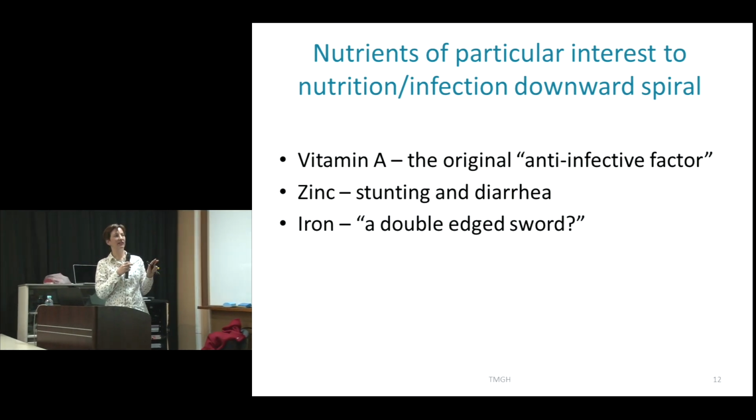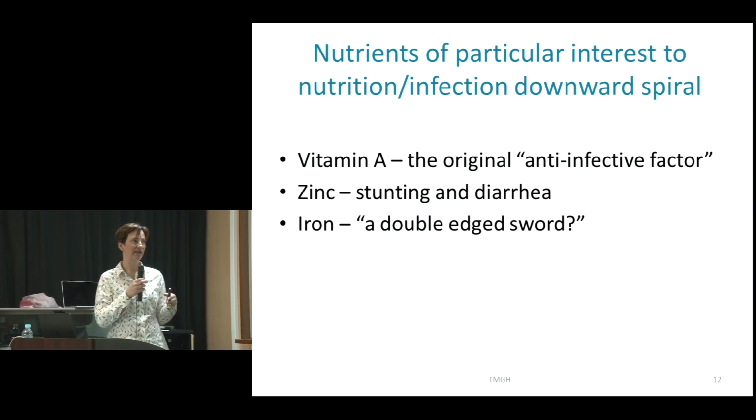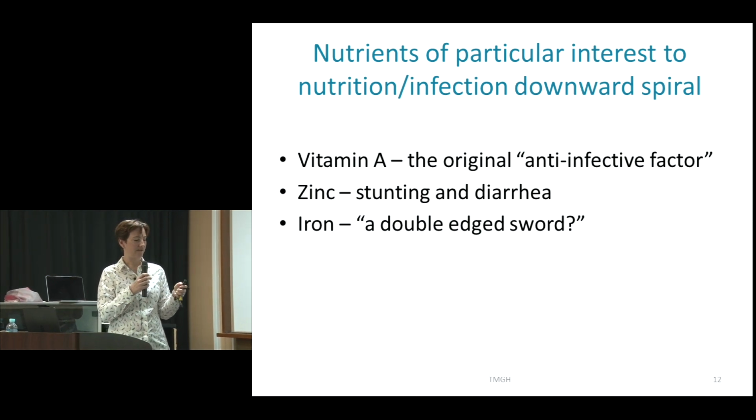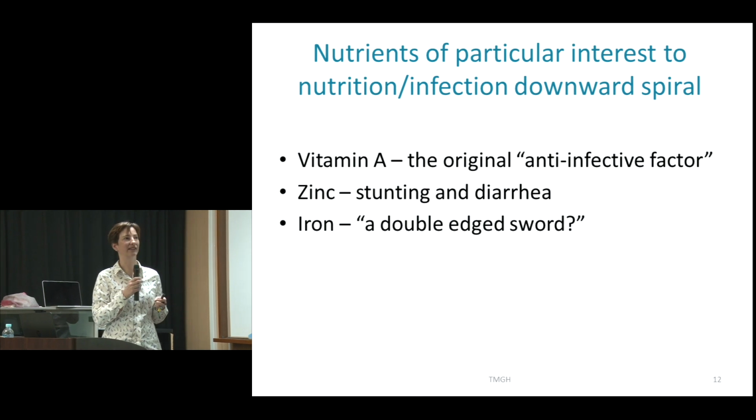So we've talked a little bit about these micronutrients, and I'm going to talk more about them tomorrow. But as we said, vitamin A is the original anti-infective factor. So even before we knew what vitamin A was, it had been identified that there was something in cod liver oil, for example, which had this important effect.